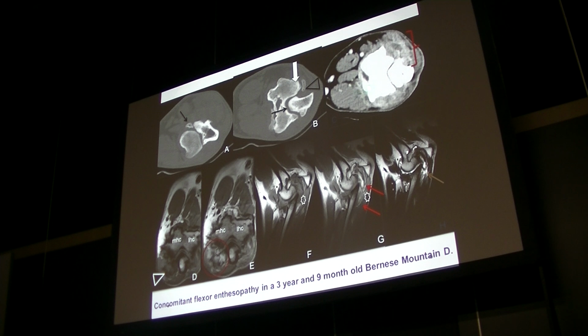Pick up the fragment, and this is an IV contrast CT image, and you see the huge enhancement with fluid pockets in the medial and caudomedial area where the flexor tendons are.